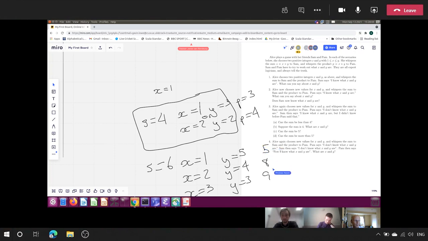However, the other two possible values aren't prime, so that doesn't actually tell us anything additionally. Right. So at least in the cases x equals 2 and x equals 3, Pam wouldn't know what x and y are. Yeah.